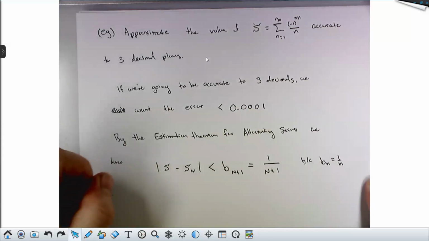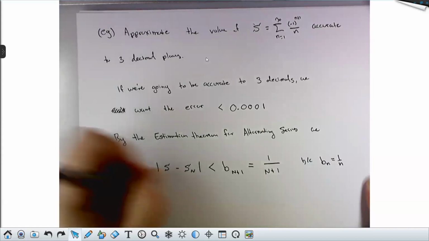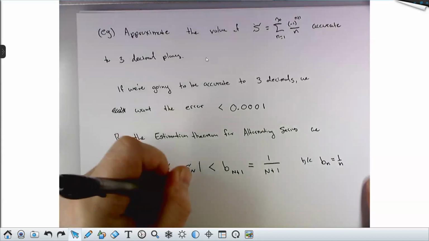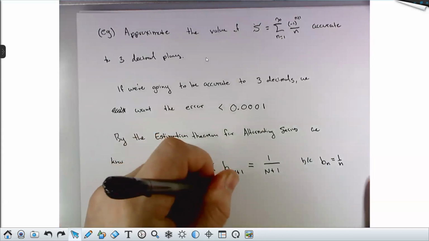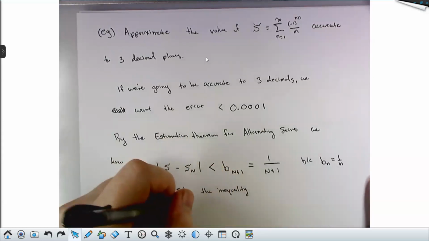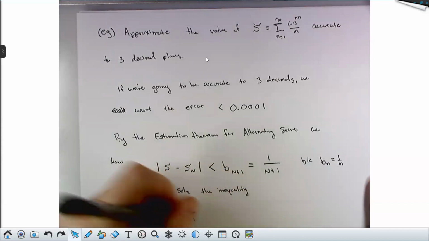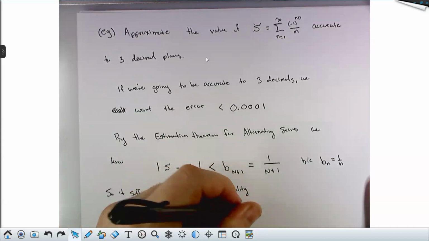So it suffices to solve the inequality one over n plus 1 is less than 0.0001.